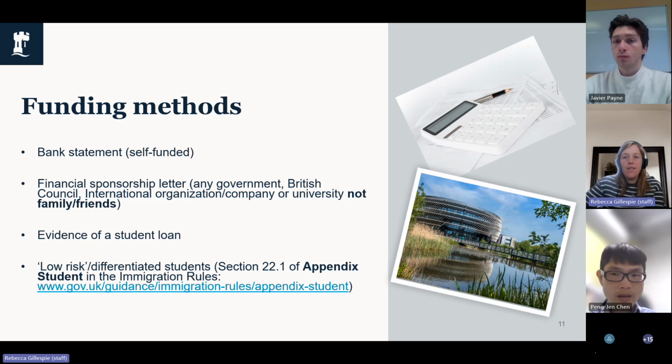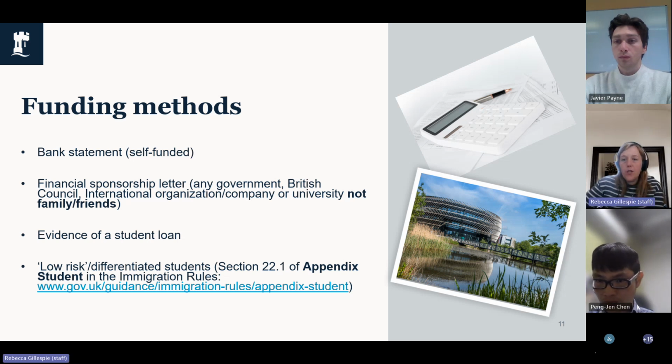Next, you may be receiving official financial sponsorship. This can be a government, British Council, university, or an international company. The definition of international company is that they have offices in more than one country.